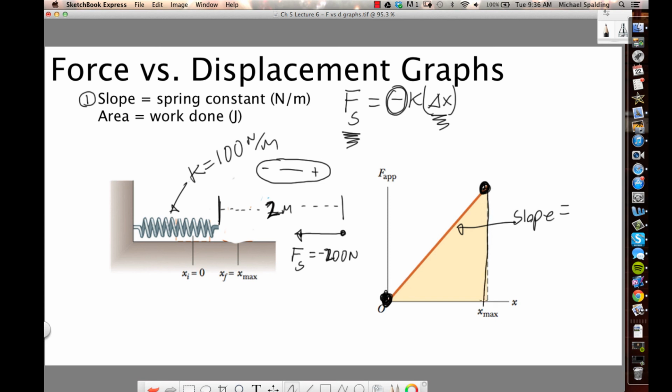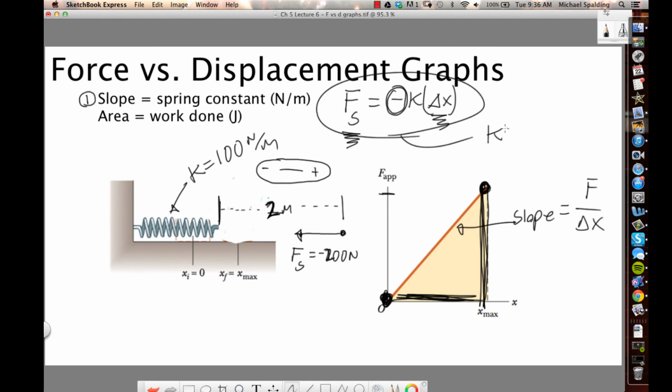What is the rise for this situation? The rise is the force. What's the run? That's the displacement. Look at Hooke's law. What's K equal to? Force over displacement. So the slope is equal to the spring constant. Make sense? Okay, second thing.